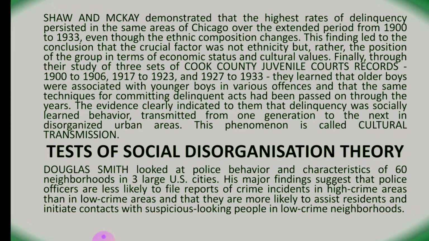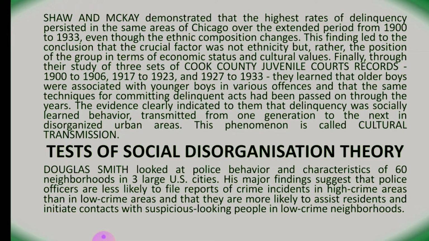Finally, through their study of three sets of Cook County Juvenile Court records, 1900 to 1906, 1917 to 1923, and 1927 to 1933, they learned that older boys were associated with younger boys in various offenses and that the same techniques for committing delinquent acts had been passed on through the years.